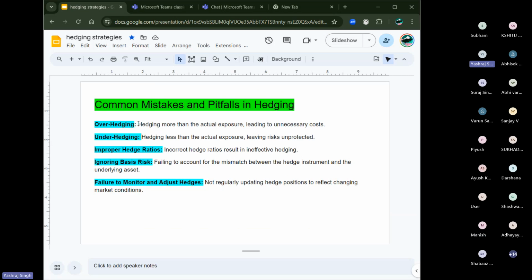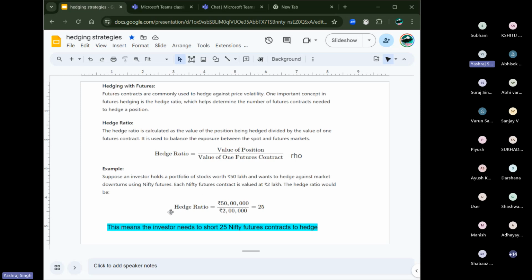If you are not properly hedging your positions, and you want zero exposure in the market, just like in the previous example, where you are trying to earn from the premium or the basis of that, whatever the difference is, the convergence will happen and you'll get that difference as profit.